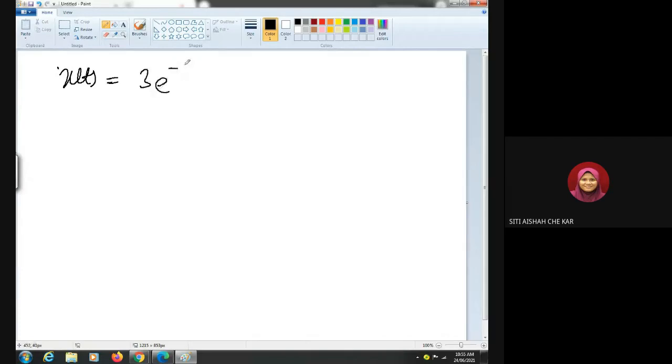So what is the Laplace transform for this one? x(t) equal to 3 exponent negative 2t. Anyone?